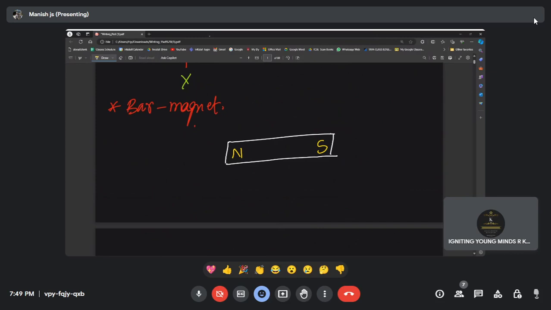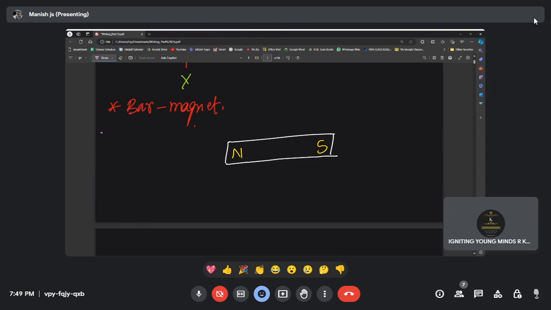Now, how do we understand the magnetic lines of force surrounding a bar magnet? When you place a bar magnet on a plain A4 sheet, sprinkle iron filings surrounding it, and gently tap the surface, you can see these iron filings align themselves in a particular pattern.